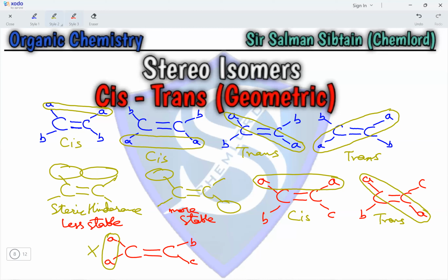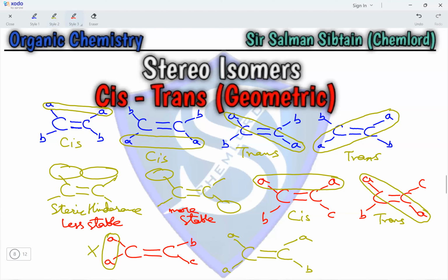This is also the case with molecules in which we've got two groups which are same on two carbon atoms with a double bond between them, but the similar group or the same group is present on another side of the same carbon atom present in a double bond.